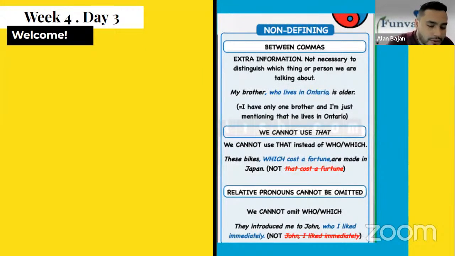Why can we not use that? Because grammatically in English it doesn't sound correct. These bikes that cost a fortune are made in Japan. Doesn't sound correct in English.